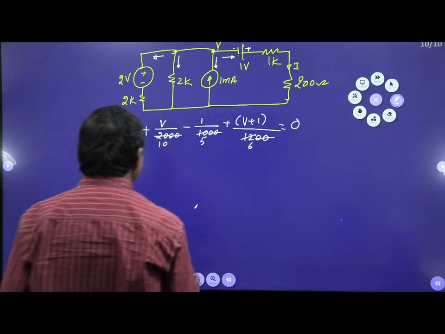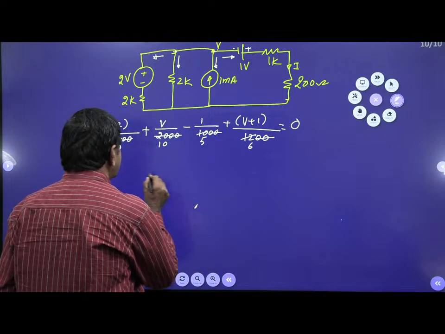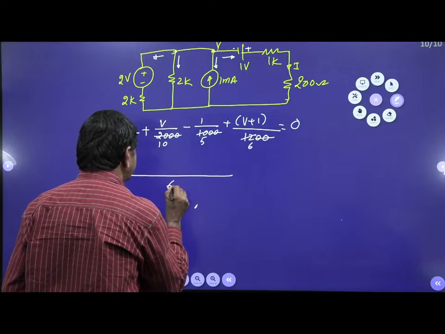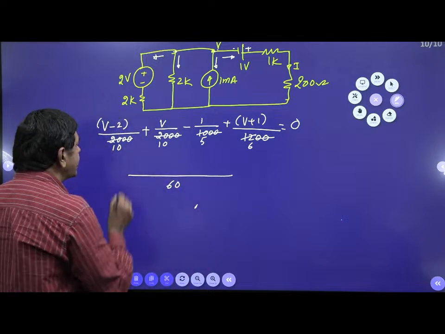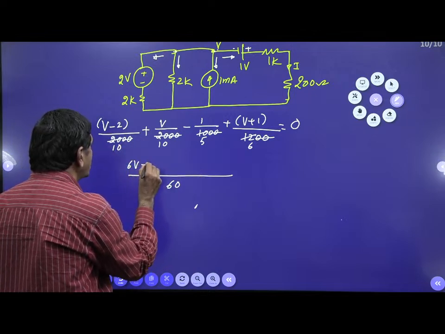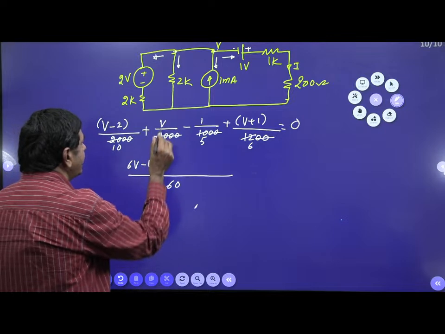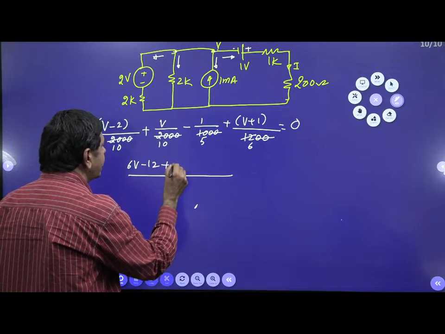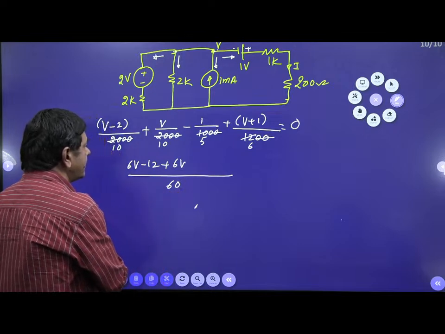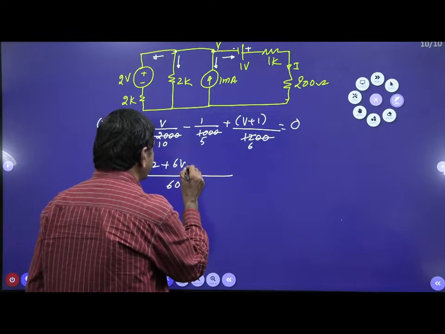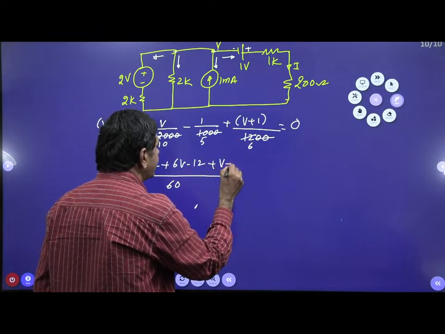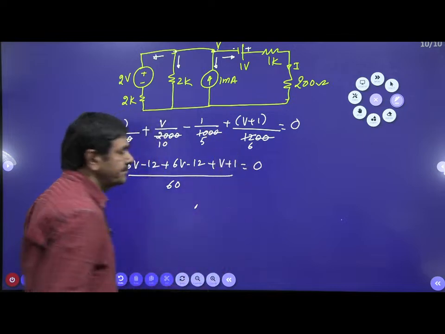The LCM is 60, with 10 and 6. I have taken 60 as the LCM. If 60 is the LCM, then 6 into V, 6 into 2 is 12, and here for the 10 term I get 6V, and 5 ones. Then minus 12, and here plus V plus 1. That equals 0.